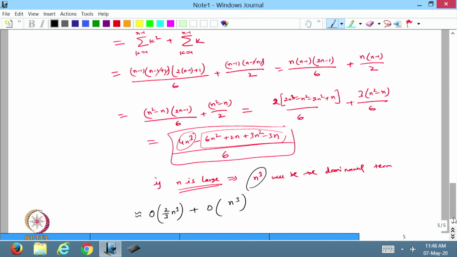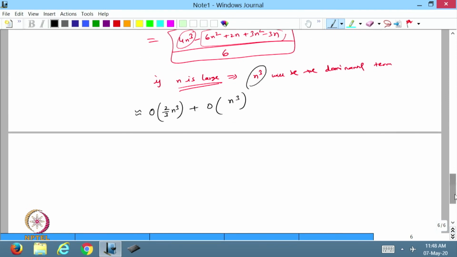Now from here I can say that the complexity of Gauss elimination is order of n cube, or 2 by 3 n cube. It is the same as n cube, it does not matter, I can write it as order of n cube.